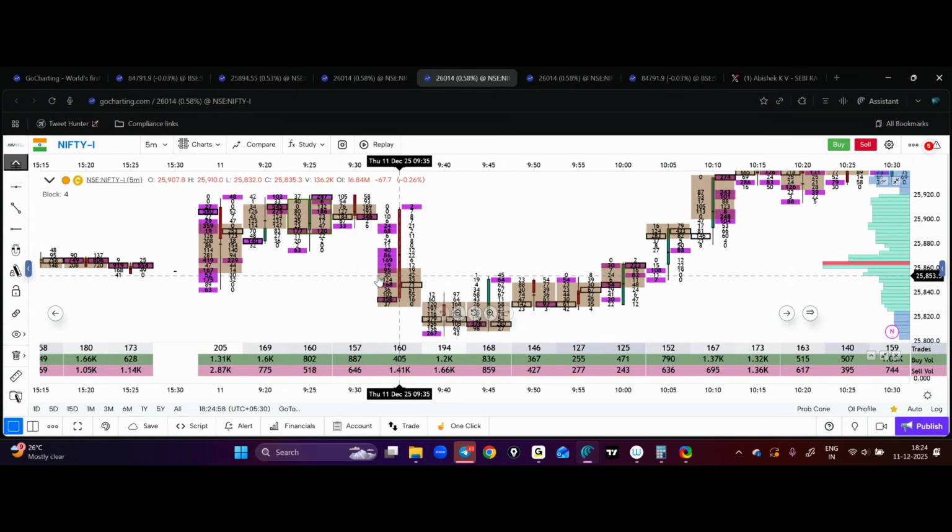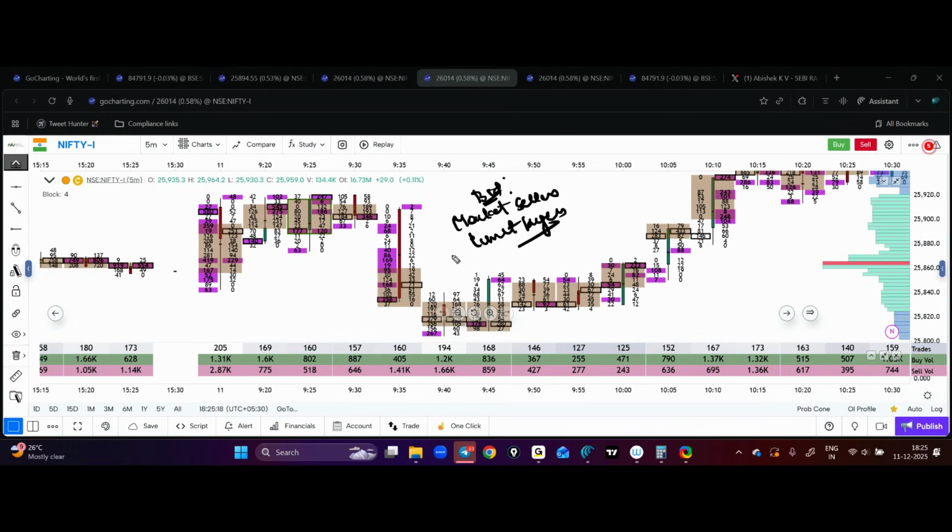The left side, by default, contains the orders initiated by market sellers and limit buyers.